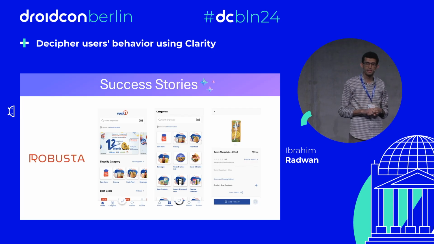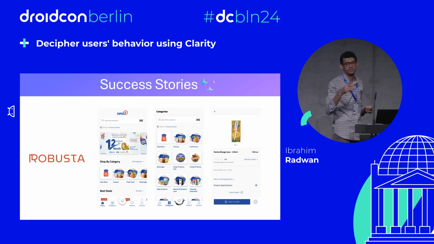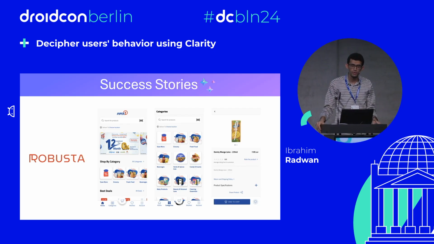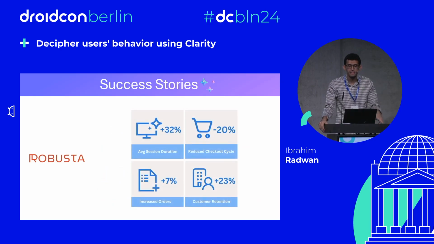On the other side, they were able to spot a critical bug with their search and sorting algorithm, which prevented users from reaching the products that they were looking for, even though the products were on the application. After fixing this bug as well, they were able to increase their session duration average by 32%, reduce checkout cycle time by 20%, increase orders by 7%, and finally increase customer retention by like 23%.